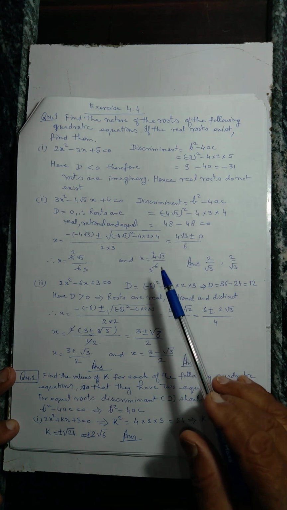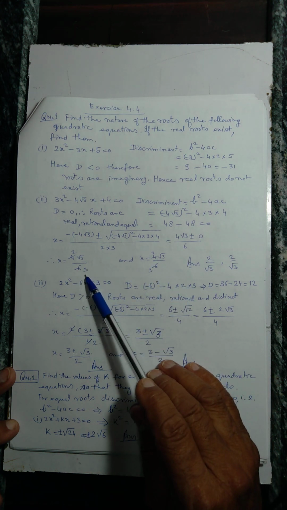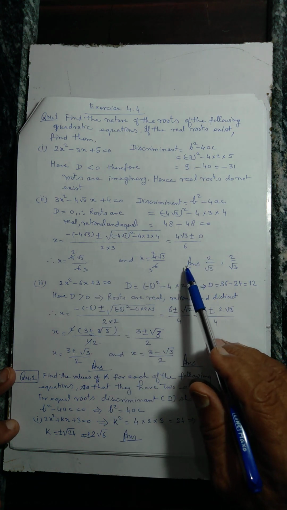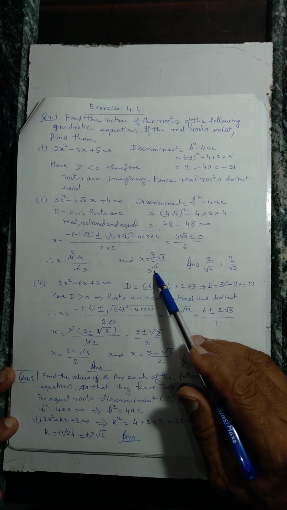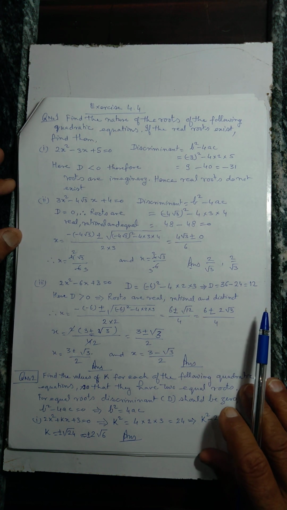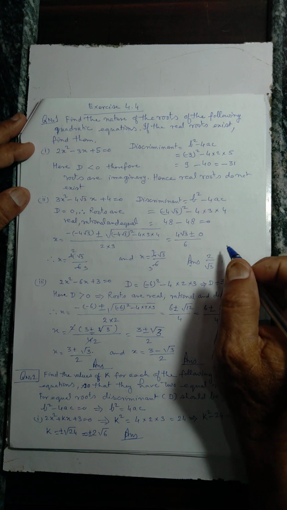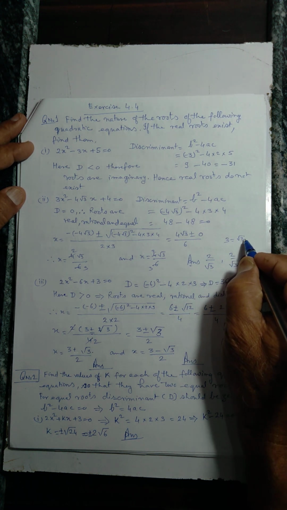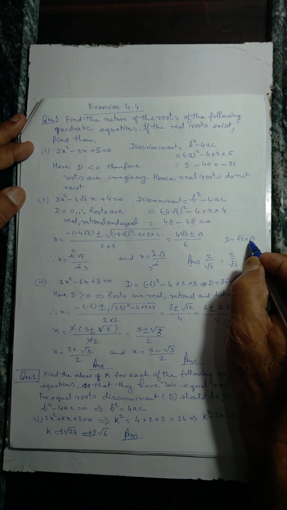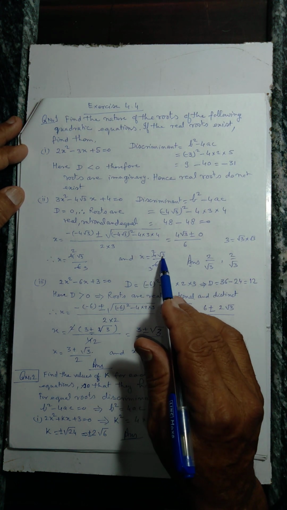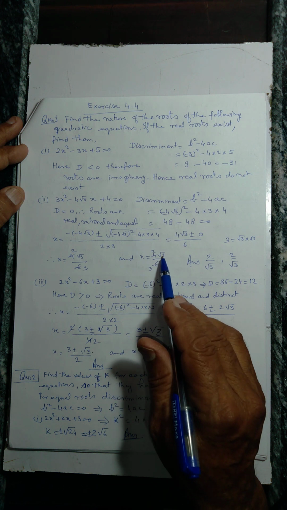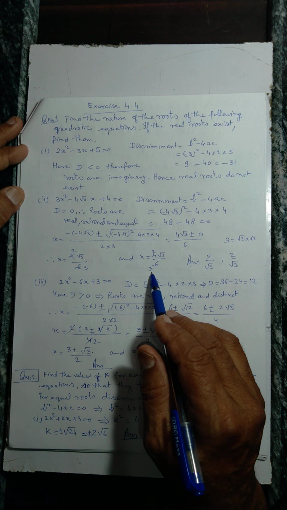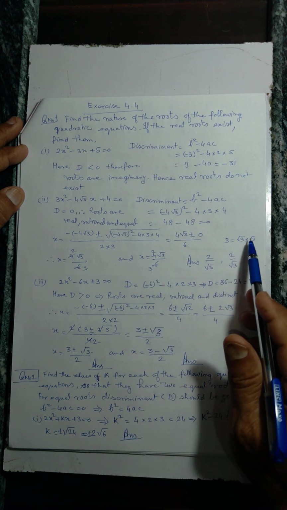So this can be converted into, you see, in the denominator part only 3 is there. So this can also be converted if you just put 3 is equal to root 3 into root 3. So in place of 3 you can write root 3 into root 3 and one root 3 will be cancelled.